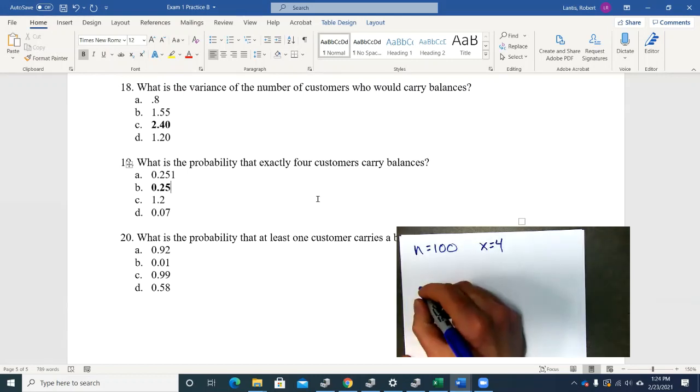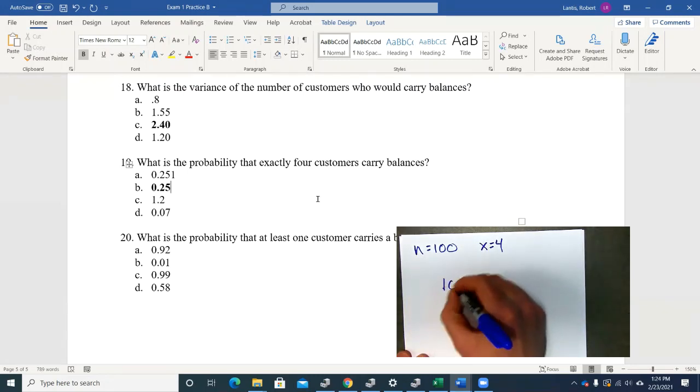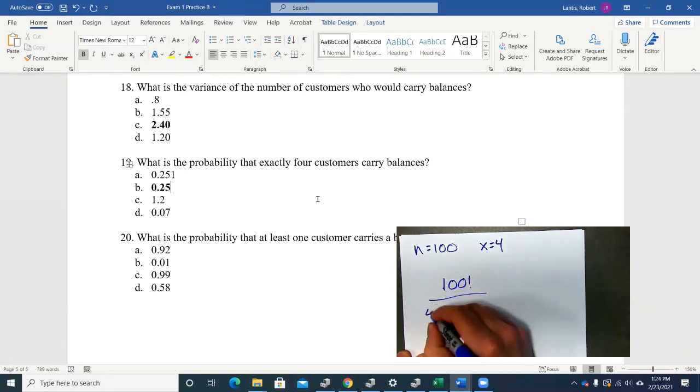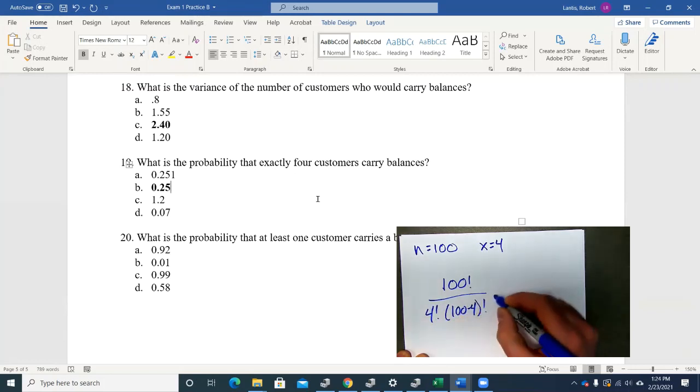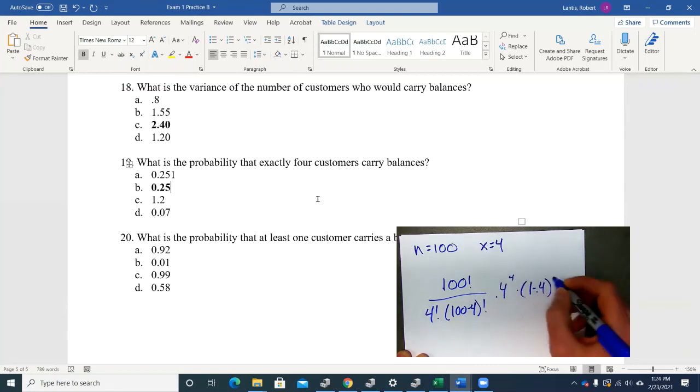So I plug everything in: 100 n factorial over x factorial, n minus x factorial, times 0.4 to the 4th times 1 minus 0.4 to the 100 minus 4. We won't worry about this portion because I can enter that in my calculator and it can handle it okay.